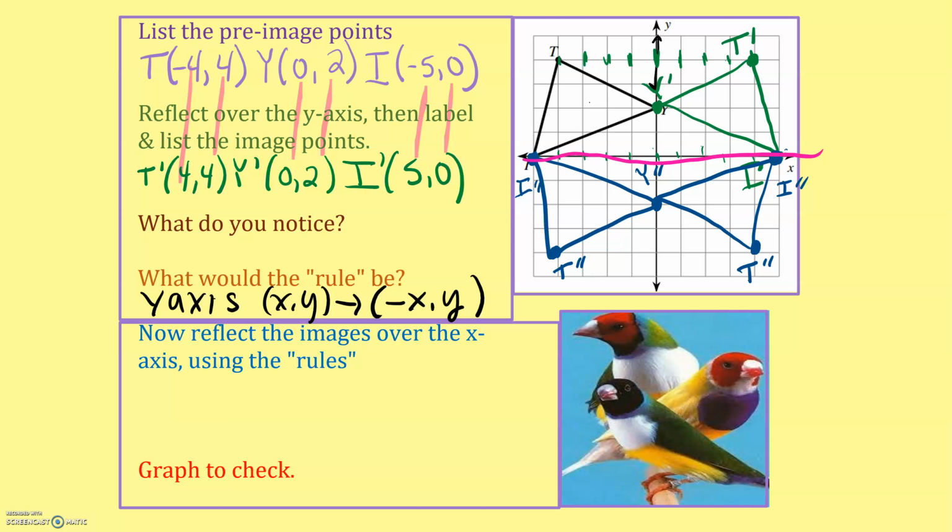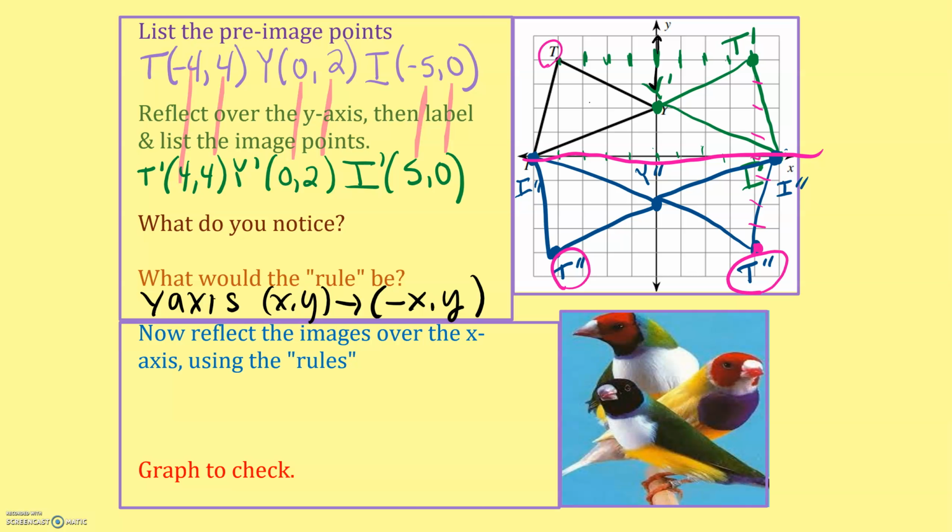My t, I counted 1, 2, 3, 4 to be to the x. So now I'm going to count 1, 2, 3, 4 to the other side. Notice that I labeled this t prime prime. That's because I'm reflecting my t prime over to make it the new image. I labeled it t prime prime because this is after the second reflection that I put that point there.